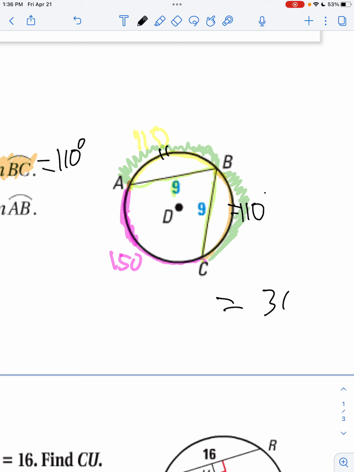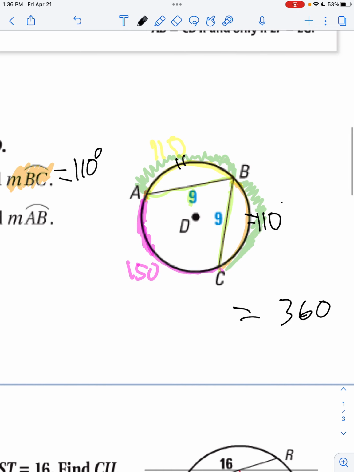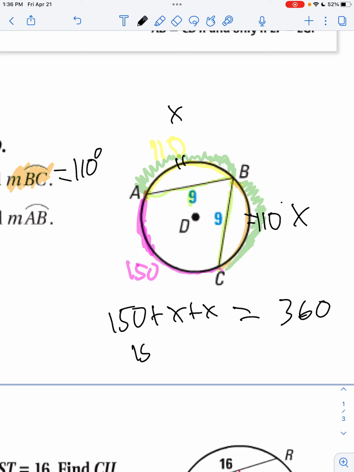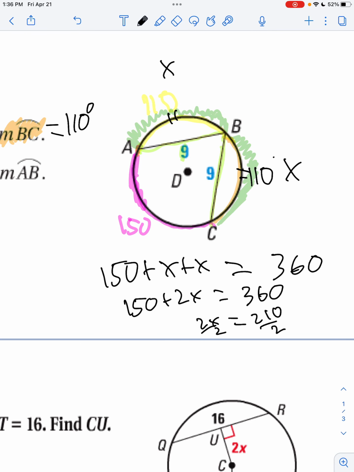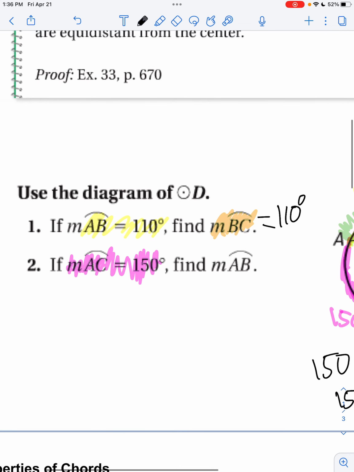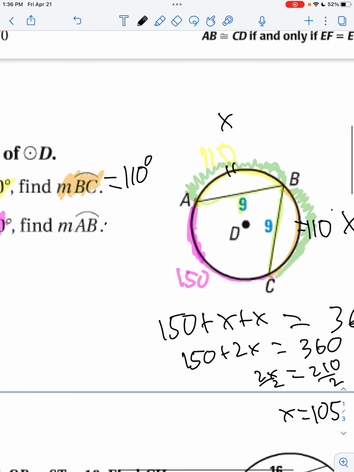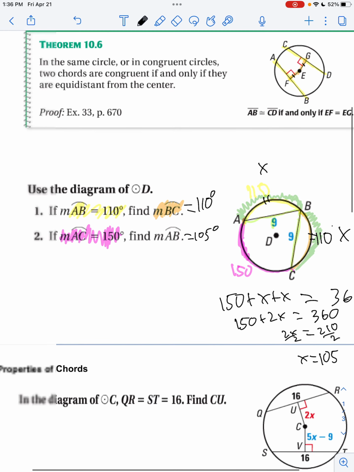And at the end of the day, everything has to equal 360. So I've got 150 plus whatever this is, I'll call it X, and because it's the same thing over here, plus X plus X. Really, it's like saying 2X. Now I can solve this. I subtract 150 and get 210, then divide by 2 and get X equal to 105. So the measure of arc AB in the second problem would be 105.